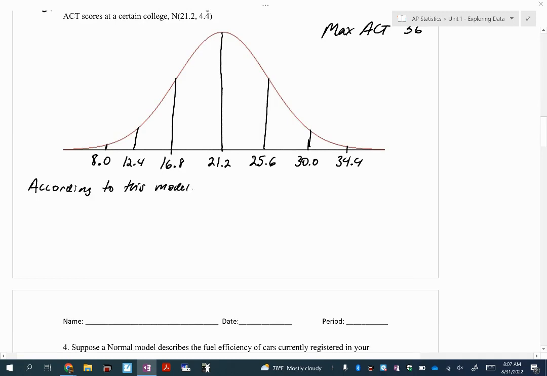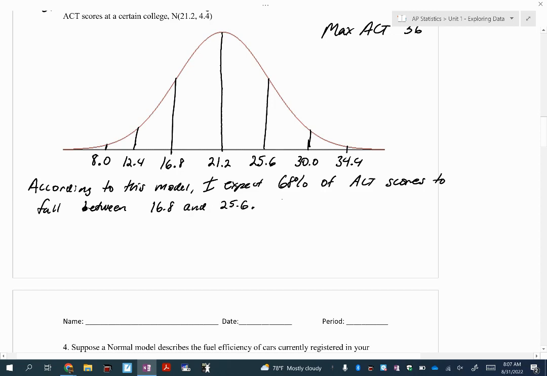using my 68, 95, 99.7 rule, I expect 68% of ACT scores to fall between 16.8 and 25.6.